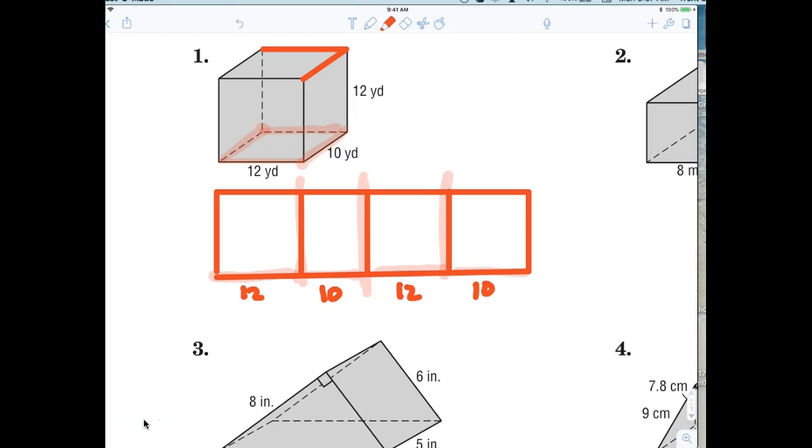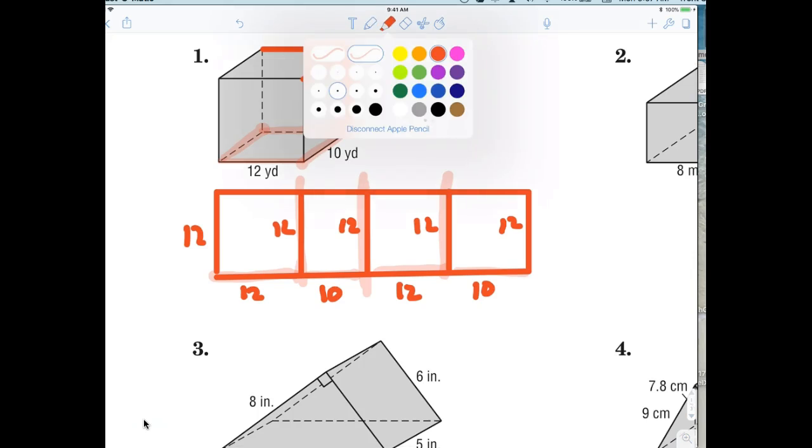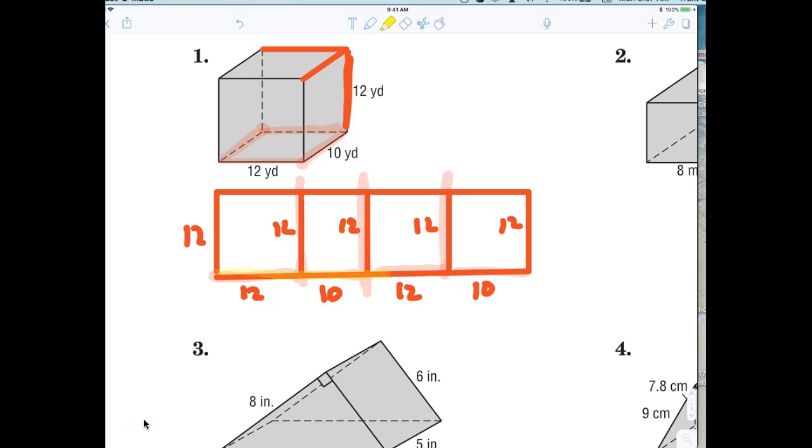So now, please watch this quick little demonstration. All right? So, instead of doing them individually, instead of saying this right here, length is 12, 12. Does everybody see where the 12 is coming from? Because that's the what? That's the height. Right? What does 12 plus 10 plus 12 plus 10 represent?